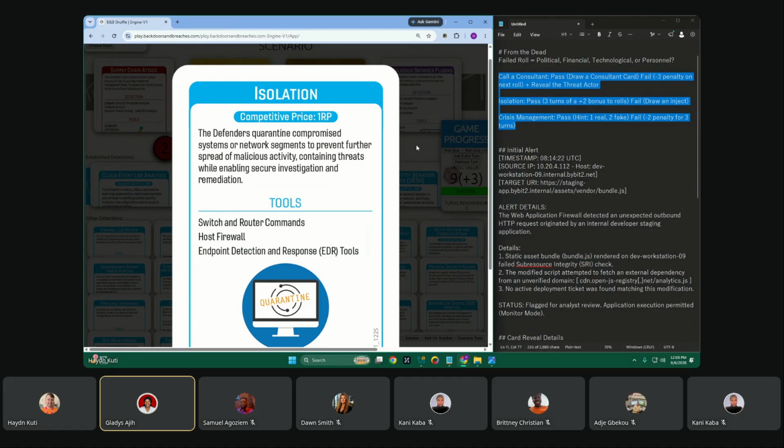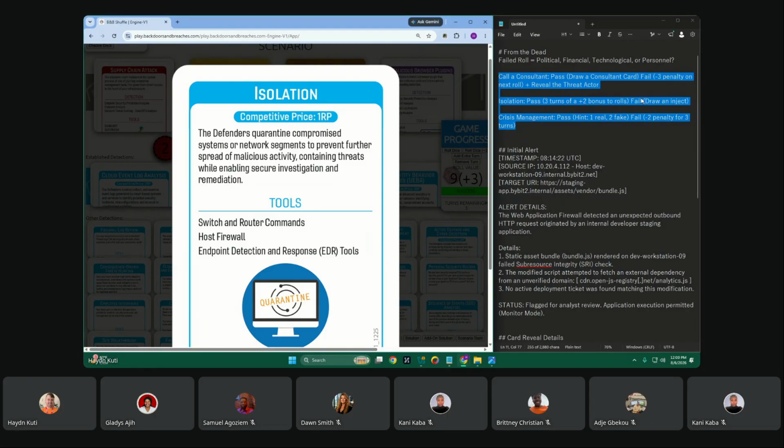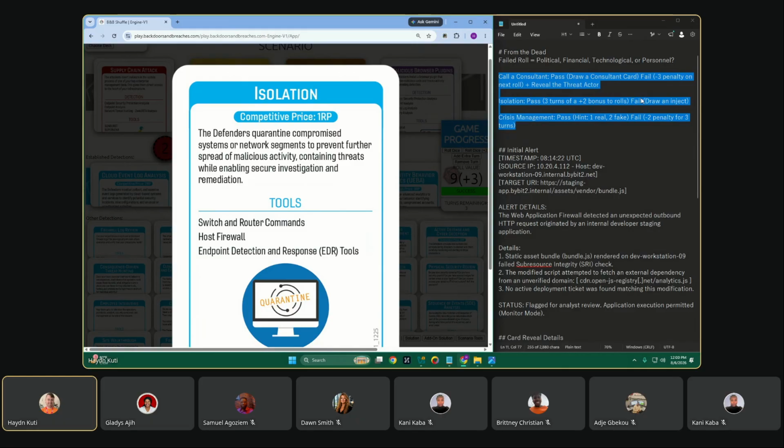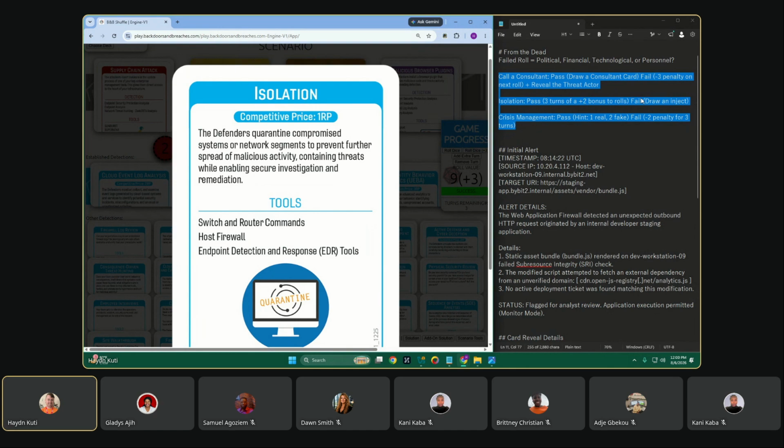Okay, so what happens if they do isolation? If they isolate them, they get a bonus for a couple of turns. But if they fail, the attacker will know that they're onto them and they'll draw an inject, which could reveal something. But in the last game, our inject that we drew ended up giving the attacker a secondary, I think it was initial access card. So it is definitely a double-edged sword, potentially.